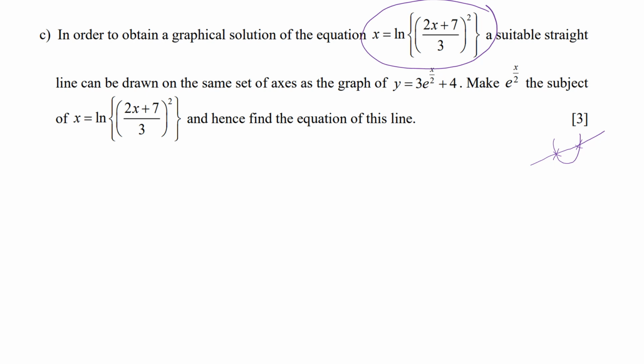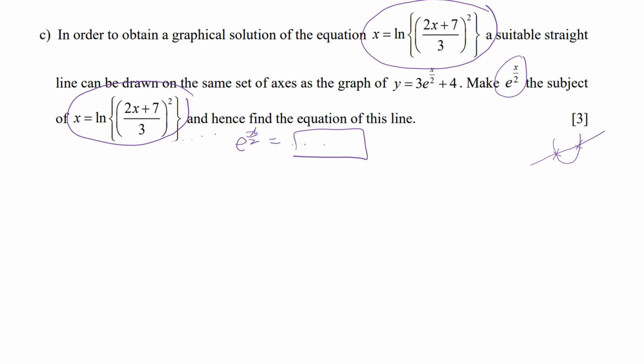And the question is not frightening because the question exactly told us what to do, and that is to make e to the power x over 2 the subject. Means you're supposed to do some work on it, and finally make e to the power x over 2 on the left hand side equal to something on the right hand side, and that right hand side will be the equation of the straight line.